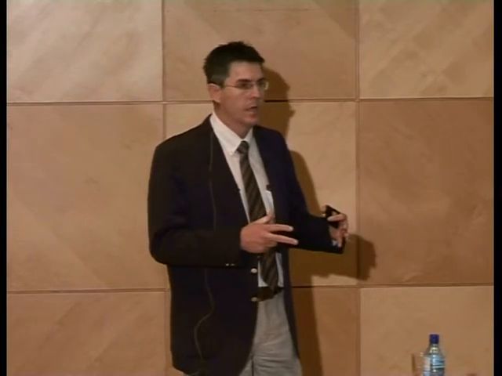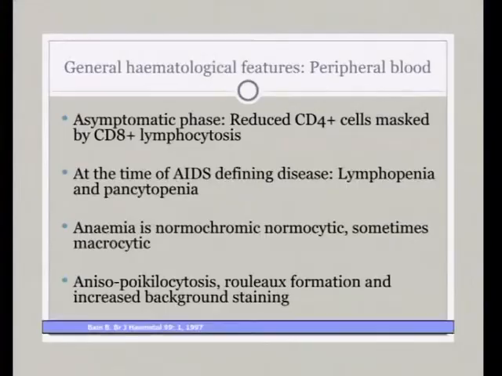Also, the red cells, in terms of the morphology, will be abnormal. Anisocytosis, meaning different sizes, and poikilocytosis, different shapes of red cells, are commonly found. We know that rouleau formation is also very prevalent, and rouleau formation means that these red cells are stacked like coins one upon the other. And how does that happen?